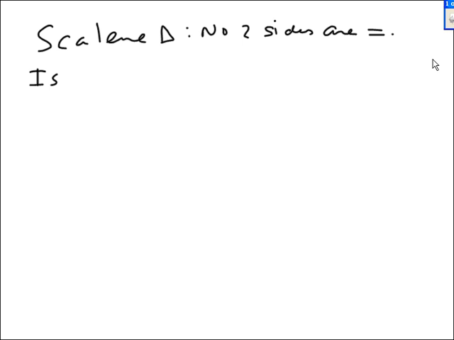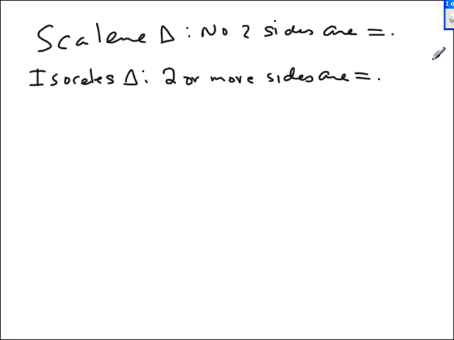Then you have the famous isosceles triangle. Isosceles triangle: two or more sides are equal. So, for example, you might have a triangle like such: 2, 5 inches, and 5 inches.